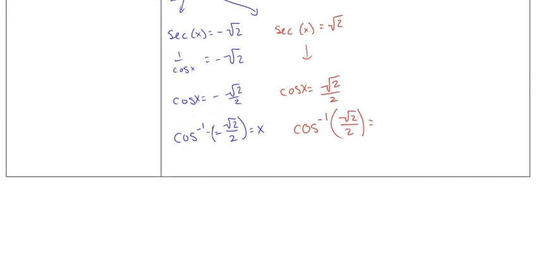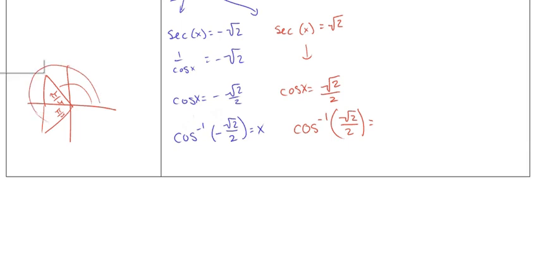Now, where do we have cosine equal to negative root 2 over 2? Cosine, remember, is your x value. So that's going to be here, with pi over 4 as the reference angle. What would that angle have to be? It's also going to be here at pi over 4.